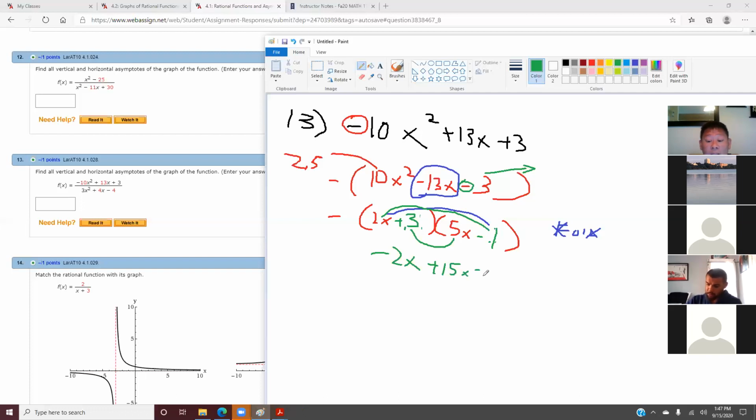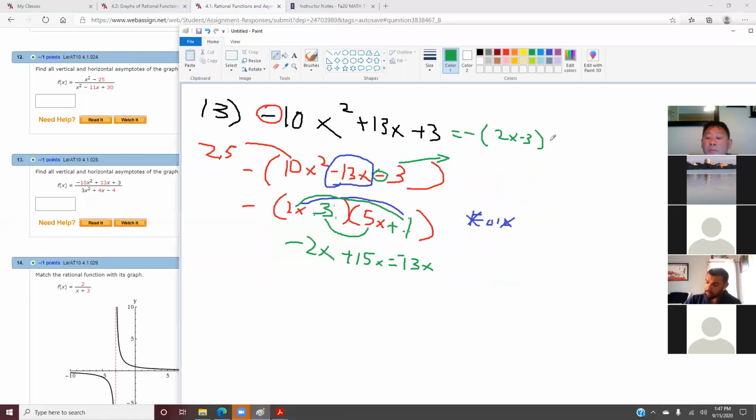So actually, this gives me 13x. This is good, but my sign is a negative and this is a positive. So what do I do with my sign? I switch them. So instead of plus and minus, I'm going to put minus and plus. So if you do this, you will end up with -13x. So the factor for this one is going to be -2x minus 3 and 5x plus 1.